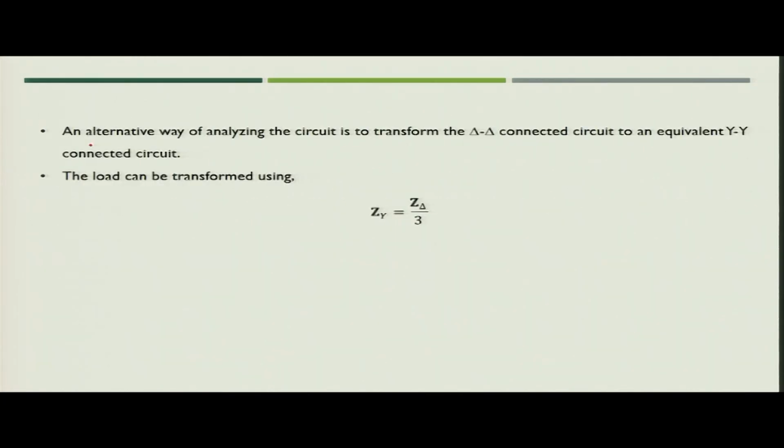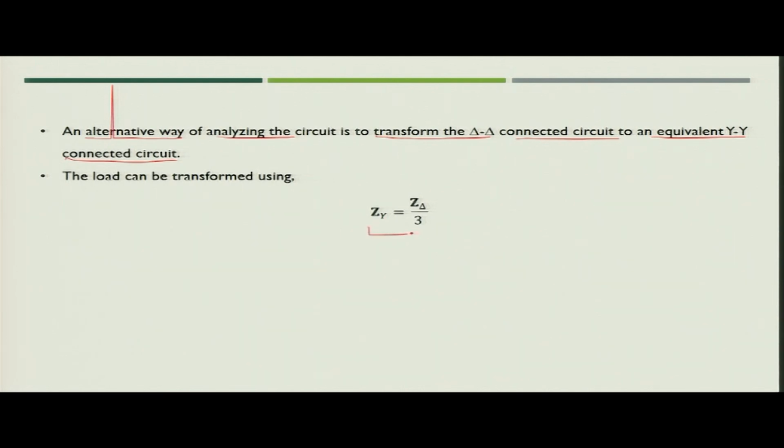Now, here also you can use the alternate way of analyzing the circuit. You can transform the delta delta connected circuit to an equivalent star star connected circuit. What you have to do in that case is use star delta transformation on both sides and convert them into a star star combination.